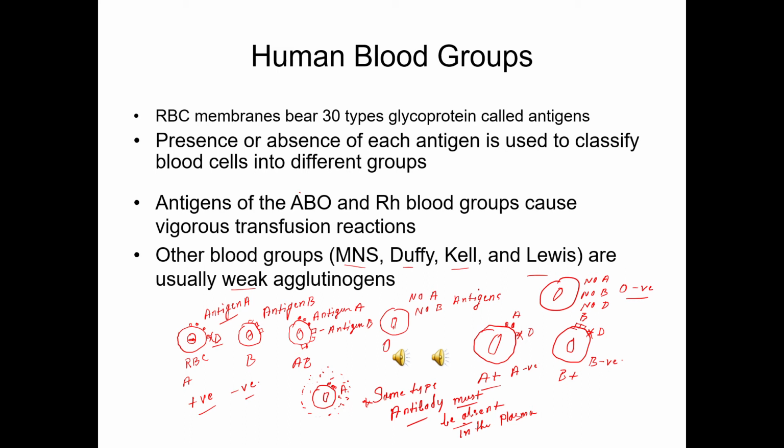That's why the same type of antibody must be absent. But who can be present? The opposite type of antibody, so they will not react to each other. So if on the surface you have A antigen, that means blood type is A, right? In the plasma you have B antibody. Is it clear?